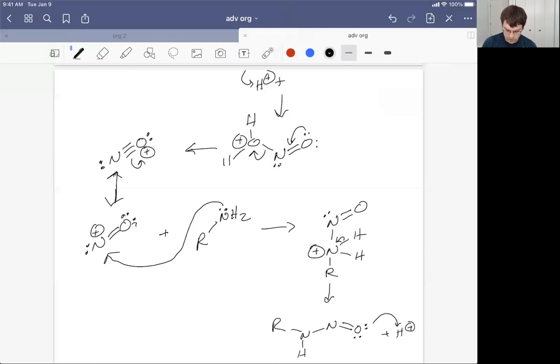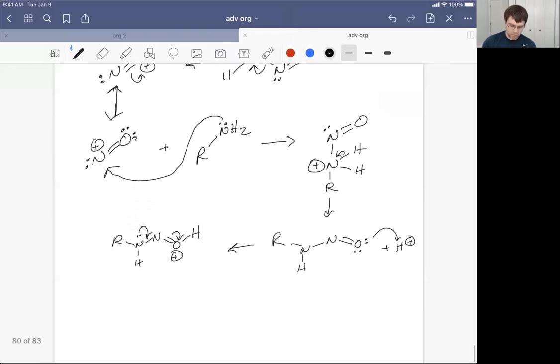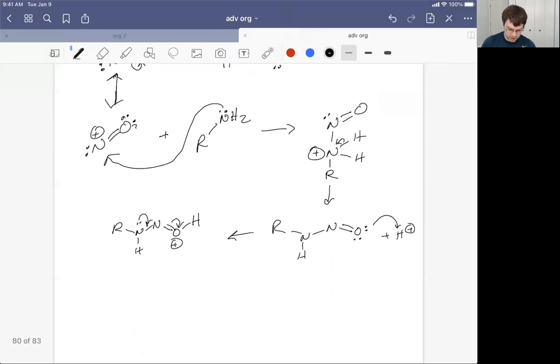Lone pair on the hydrogen adds to the hydrogen. We have R, N, H, N, H positive on the oxygen now. And what we could do is we could use lone pairs from the nitrogen to move our double bonds around so that the oxygen is now neutral and our nitrogen, once again, is positively charged.